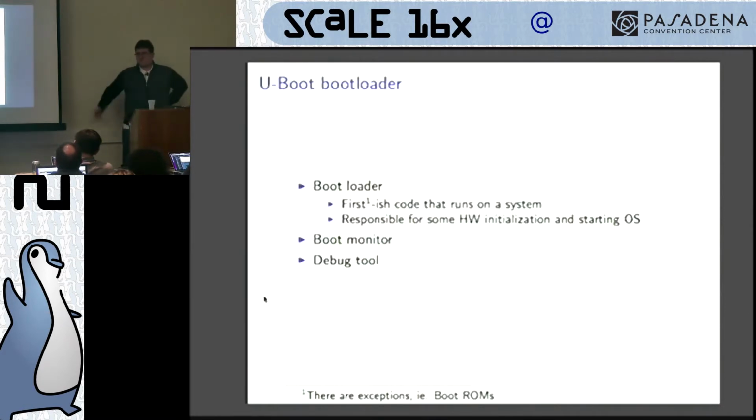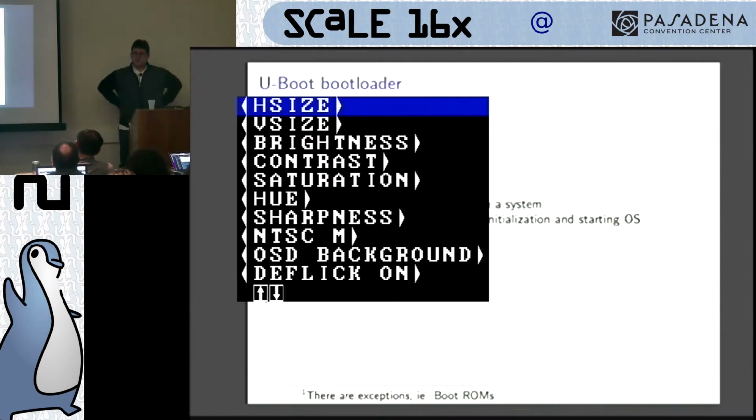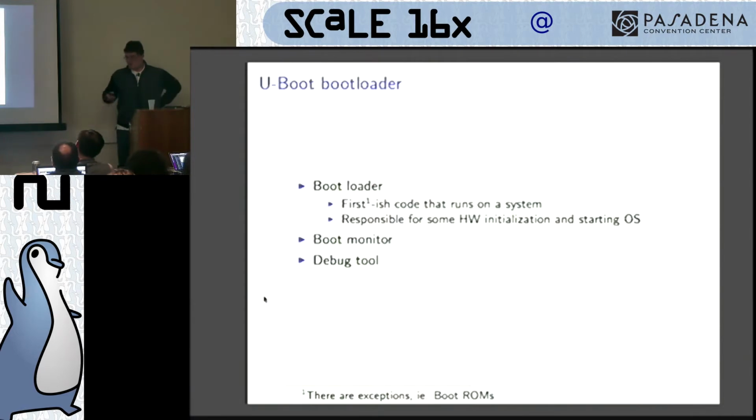So U-boot is a bootloader. That's the one thing it does. It can load the next stage and execute it, which usually is Linux. It can be anything else, BSD, whatever, doesn't matter. But it can also be used as a really good debug tool and boot monitor. U-boot can start the Linux kernel, and then you will not see it again, but it can also drop into the U-boot shell, where you can poke registers, operate buses, and so on, and debug your platform.